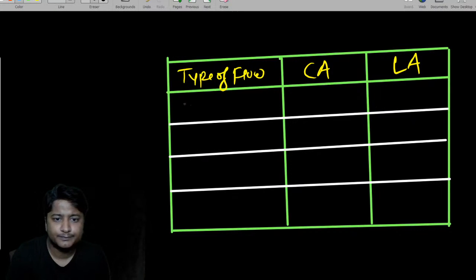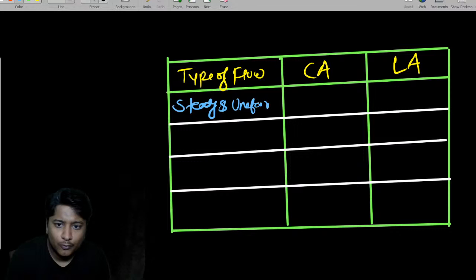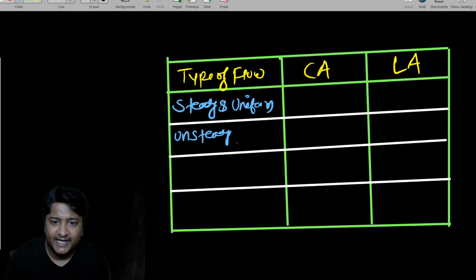चलिए फर्स्ट केस, स्टडी एंड यूनिफॉर्म फ्लो. सेकंड केस, unsteady and uniform flow.